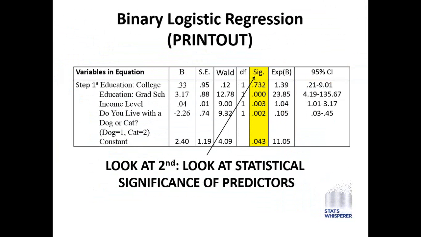And then the same thing with income level: 0.003. So income is still significantly related to being happy, yes. And living with a dog or a cat is also significantly related to being happy, yes. So they're all still significant except for education, college.